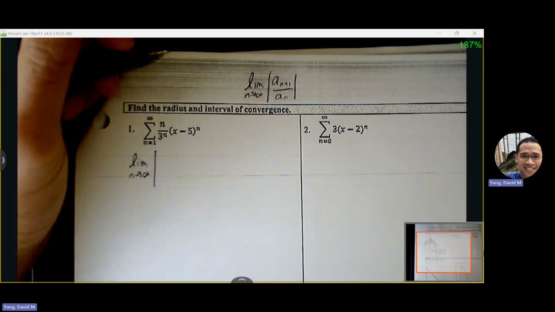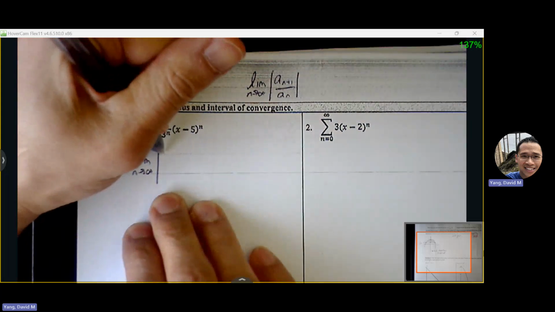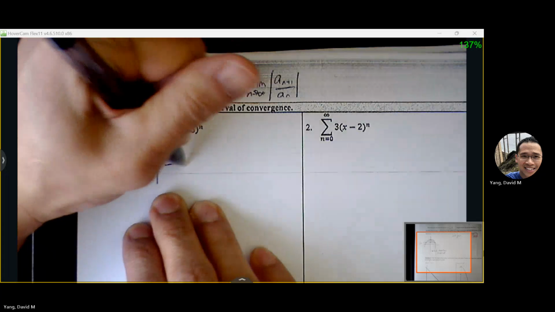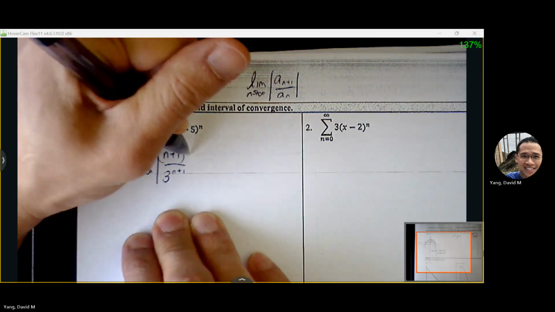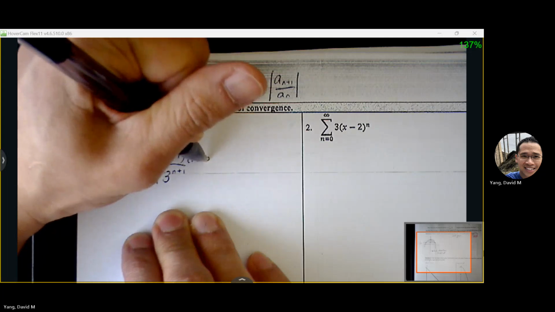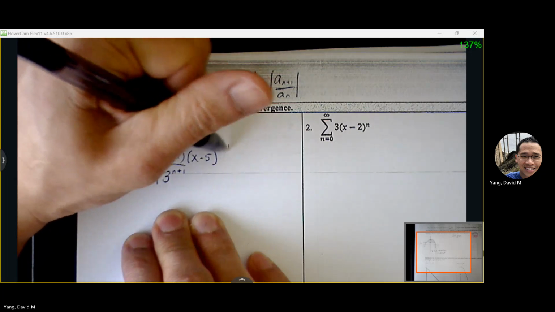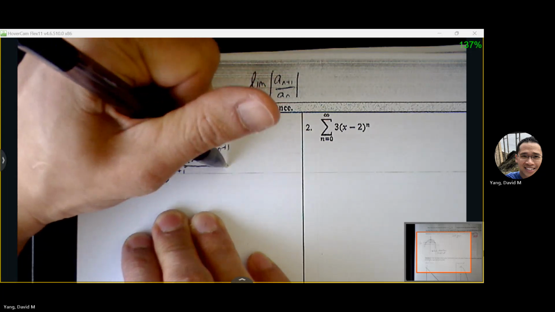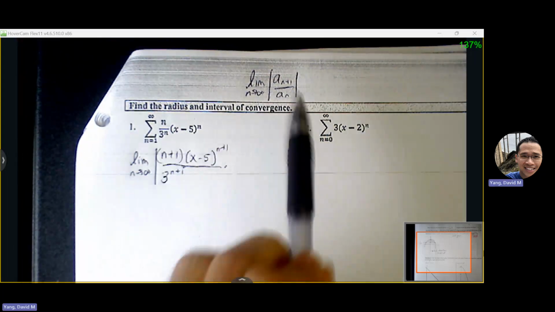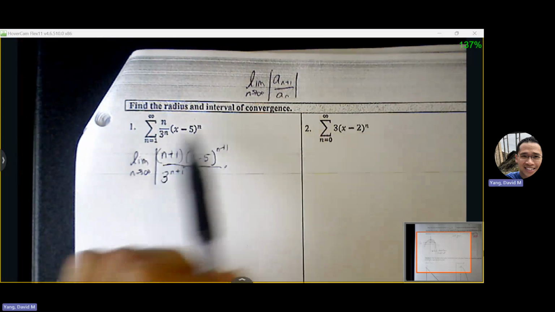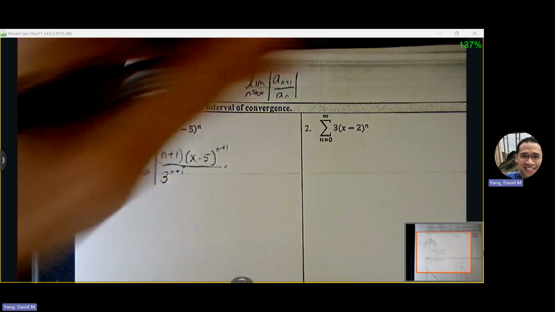That means I'm replacing every n with n plus 1. Now, divided by my original a sub n, my original rule of sequence, is the same thing as multiplying by the reciprocal.